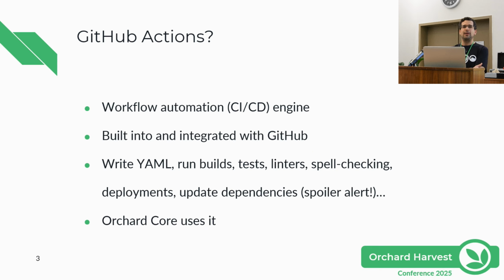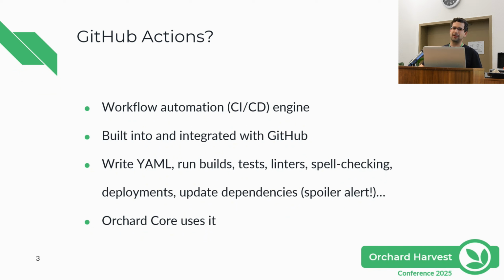GitHub Actions. Is there anybody who hasn't heard about GitHub Actions yet? It's no shame. Everybody. Awesome. Then just for the people watching back at home, GitHub Actions is a virtual automation tool usually used for CI/CD tasks.